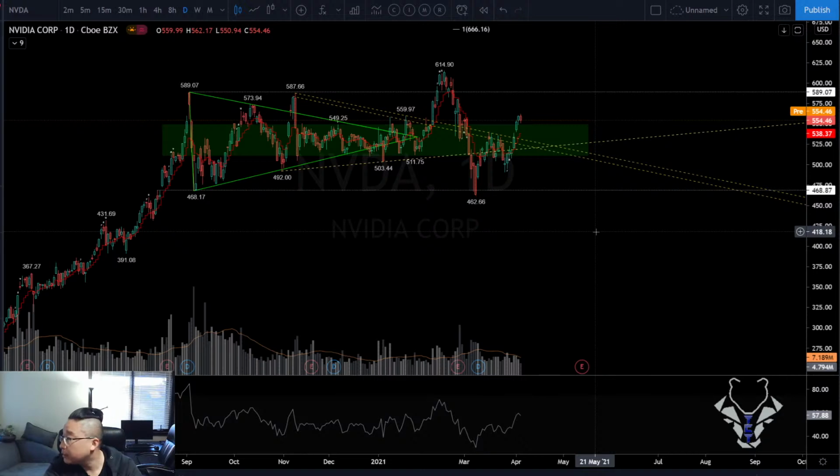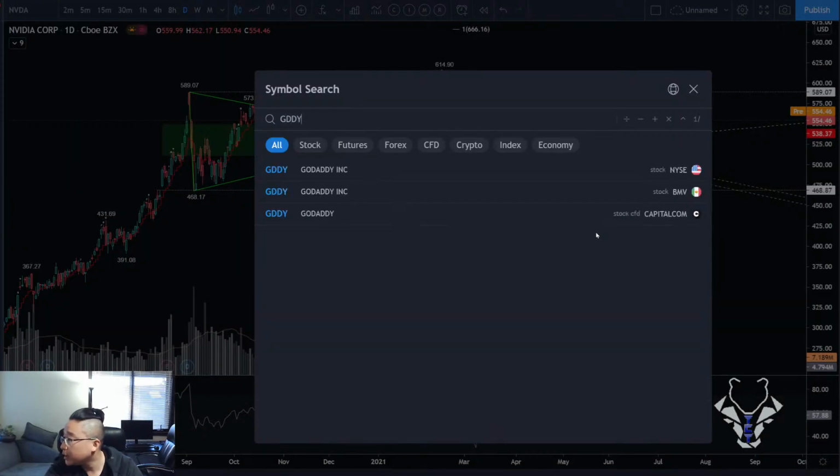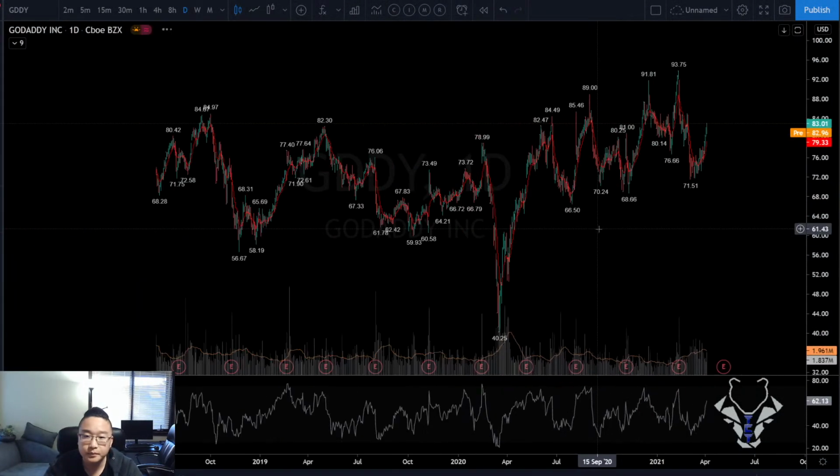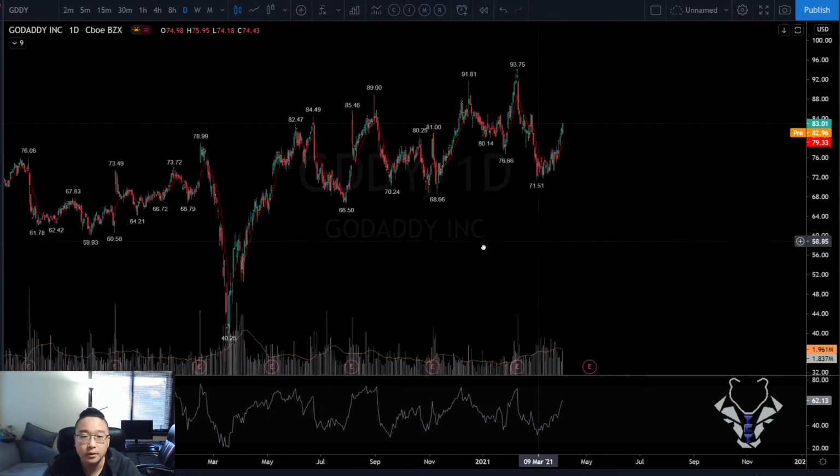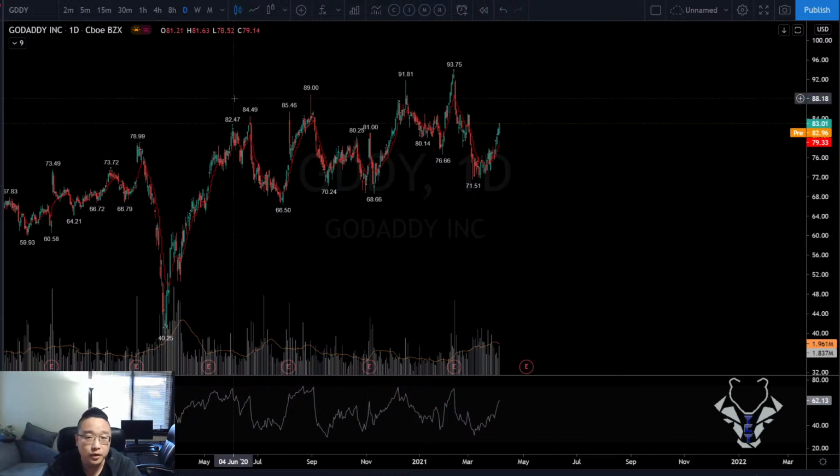Let's take a look at what you got. GDDY. This could be a very good trading ticker. Lots of decent moves, chopping around that same zone. So looks like it's a channel to me.